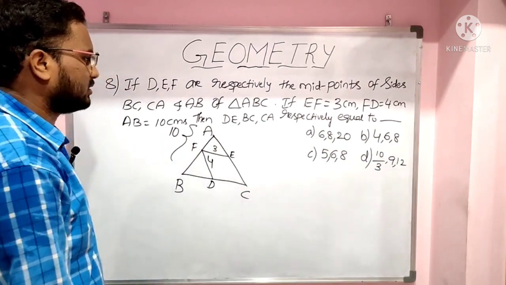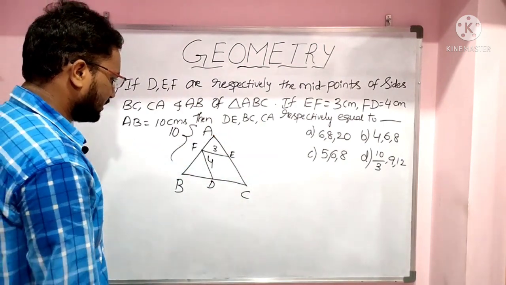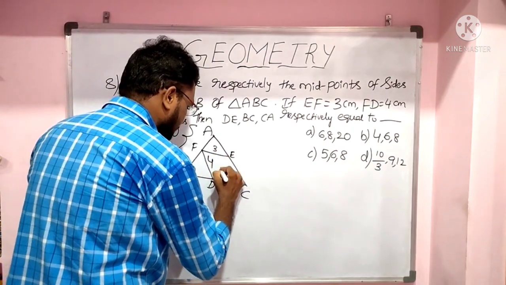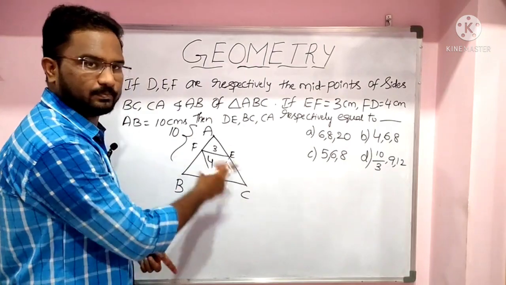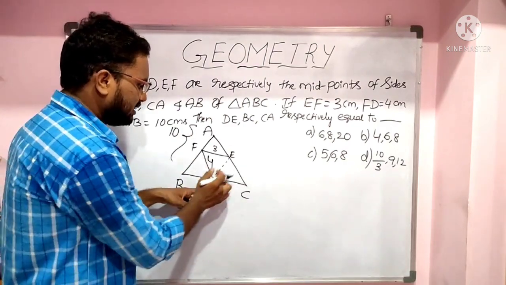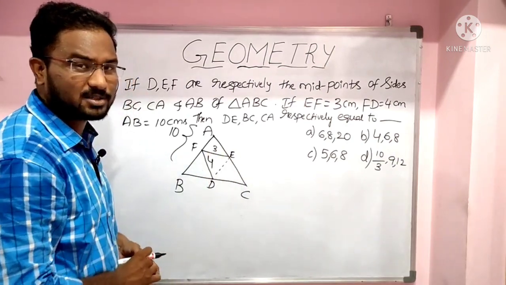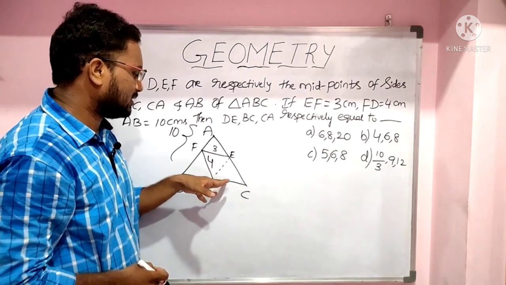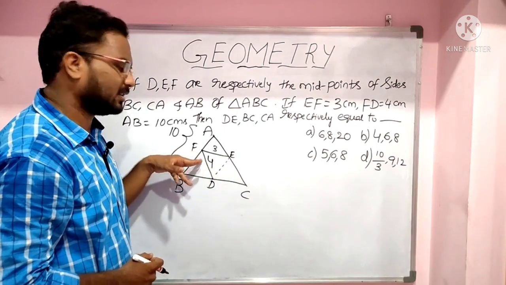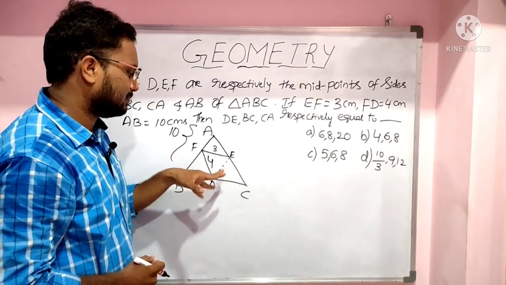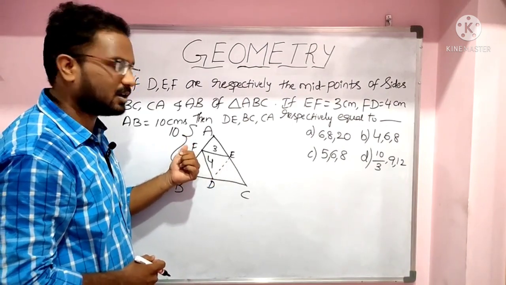So we need to find DE, BC, CA. First of all we need to find DE. In this triangle, D and E are the two midpoints. We have the midpoint theorem, which states that if the midpoints of any two sides of a triangle are joined, then that line is parallel to the other side and also half of it.